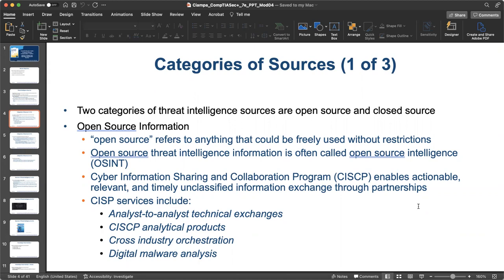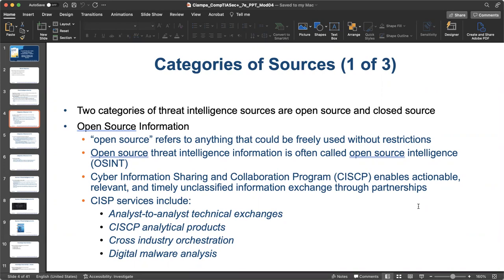With the DHS, or Department of Homeland Security, serving as the coordinator, the CISCP enables its members, which we call partners, to not only share threat and vulnerability information, but also take advantage of the DHS's cyber resources, some of which, as you can see, are listed over here.